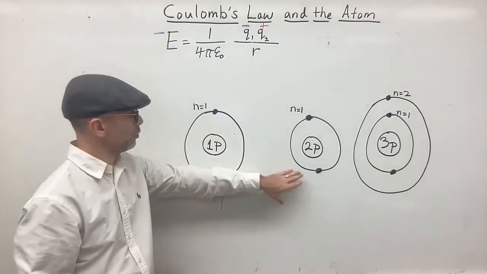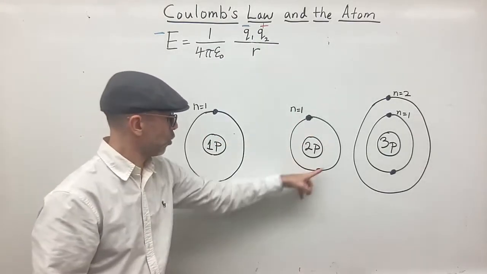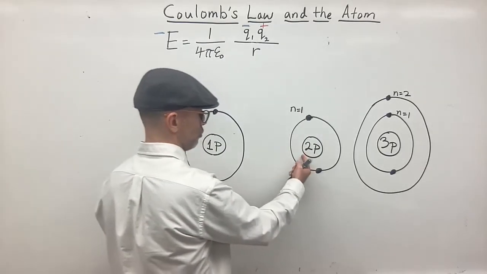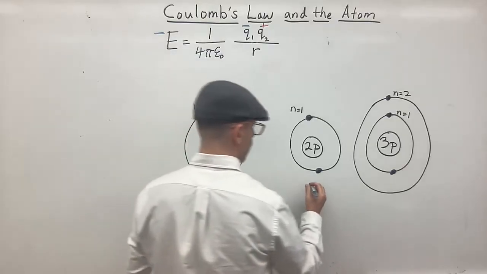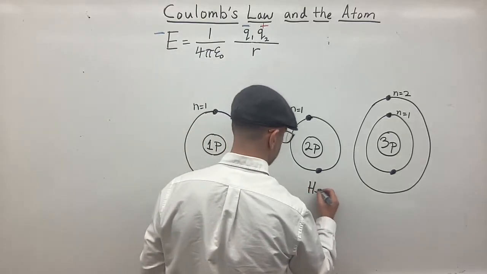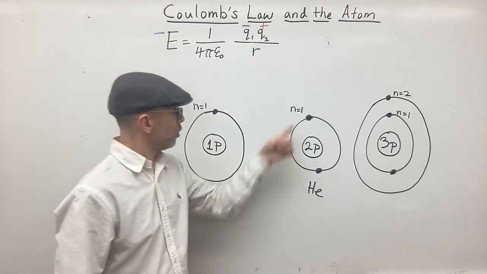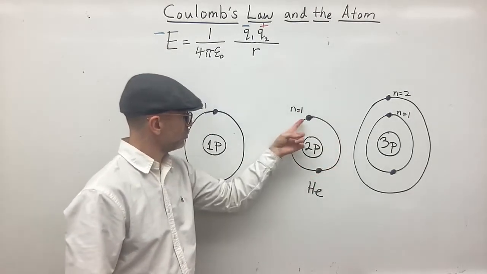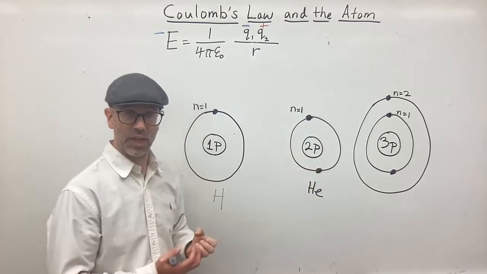So what happens when we put another electron into the orbit here? So here we have two protons, right? So here we have helium with two protons. The other thing we want to look at is now we have like charges here. So we have two electrons. They're in the same orbital.